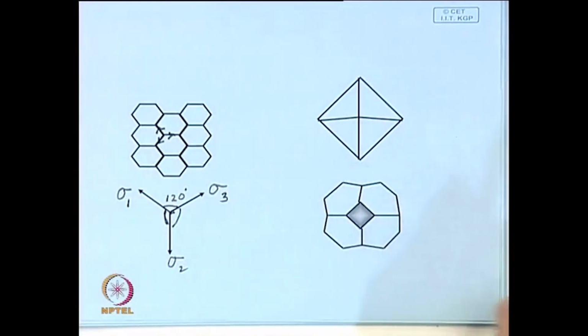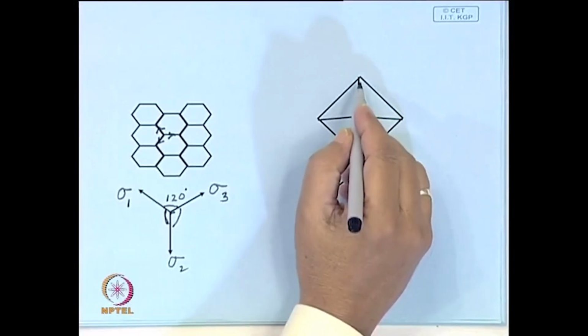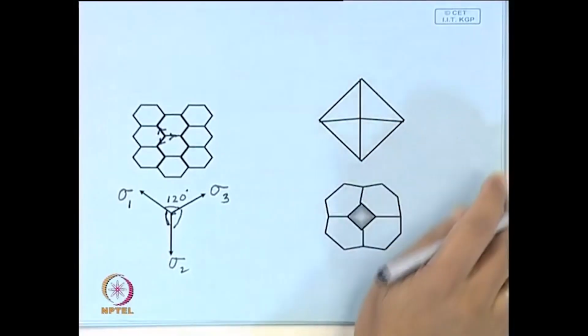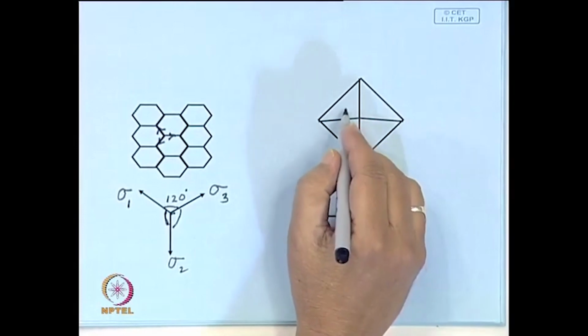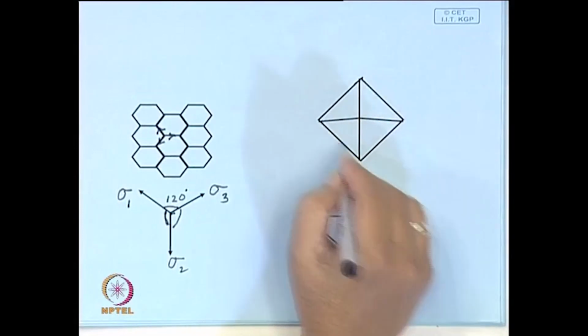Now, what happens in the case of a 3-dimensional structure? In metals, the grains are arranged at random, and when you start packing, it should fill up the space. People have done a lot of experiments and made models, and tried to fill up space, and the best way to fill up space is to look at an octahedron, which has 8 faces, as shown here.